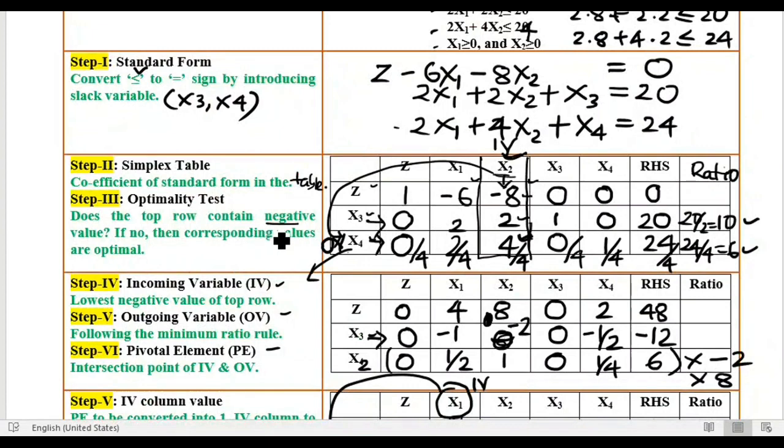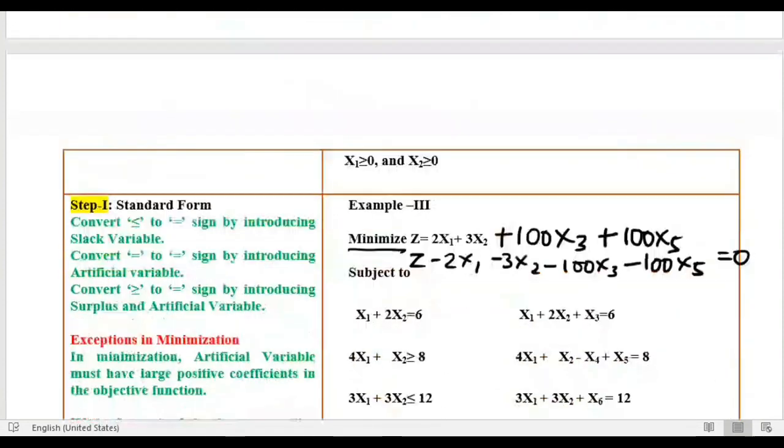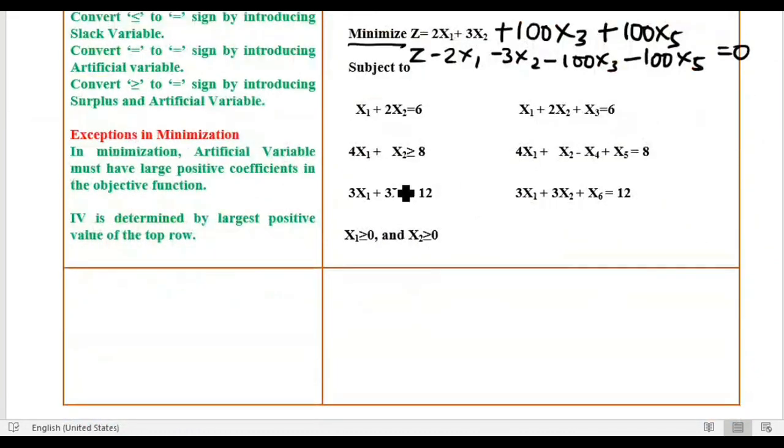In minimization, does it contain a positive value? Then we take the highest positive value of the row, determine the lowest ratio, and make the incoming pivotal element equal to 1 and the other values zeros, which remains the same in minimization.